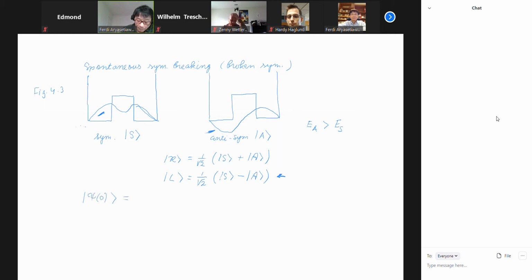We assume that the particle is mostly located on the right-hand side, so we start with state R. This is not an eigenstate, because it's a linear combination of the symmetric and antisymmetric solutions, and they have different energies.